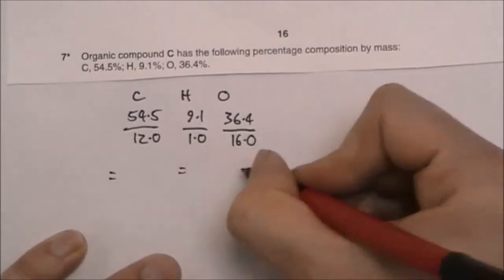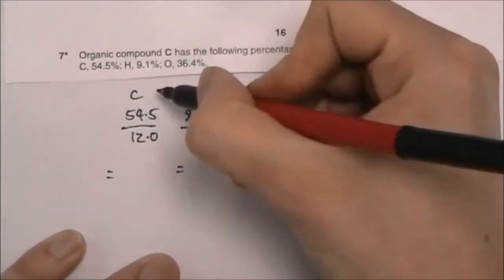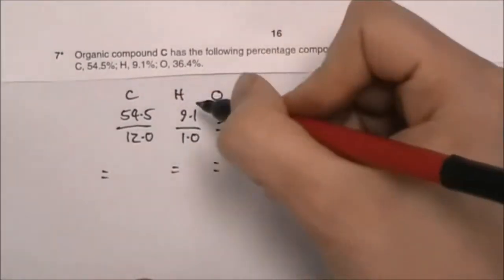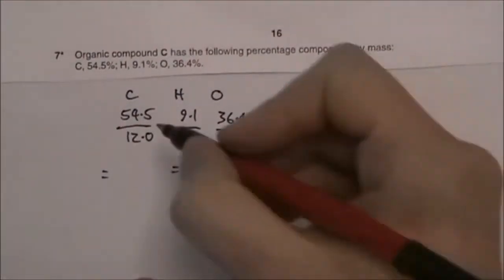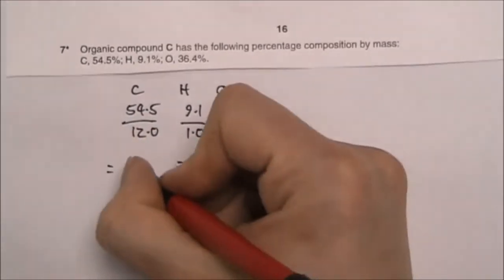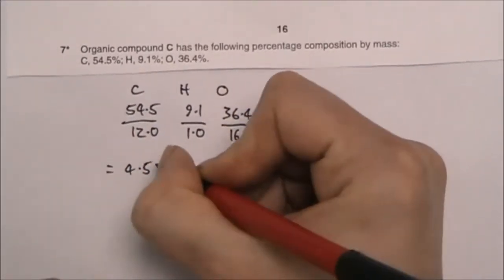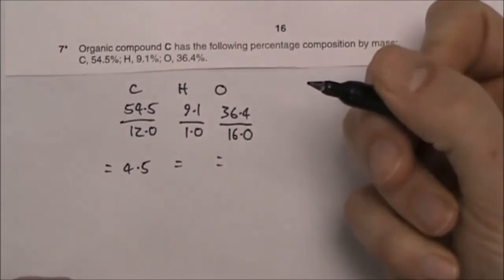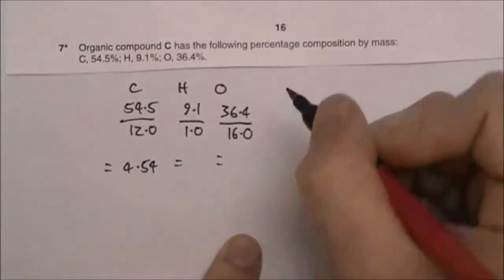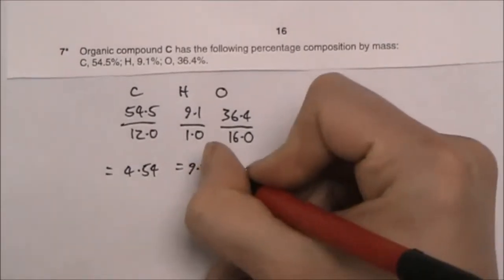Now notice I'm doing this in columns. I'm doing that for a reason. It keeps everything nicely organised. So I know what's carbon, I know what's hydrogen, I know what's oxygen. So the carbon works out on my calculator as 4.5416 recurring. So I'm going to do that to just 2 decimal places there, because this is going to be 9.1.